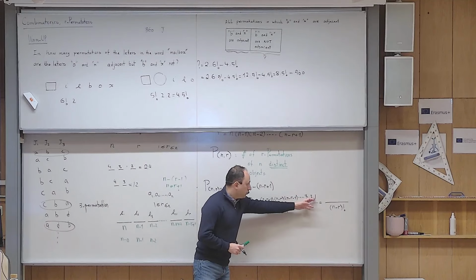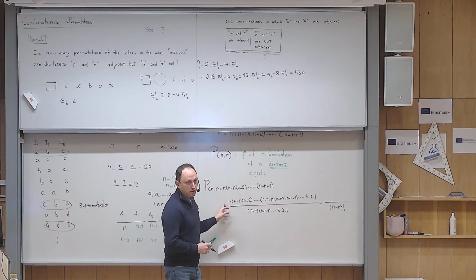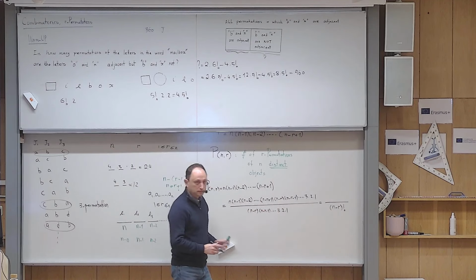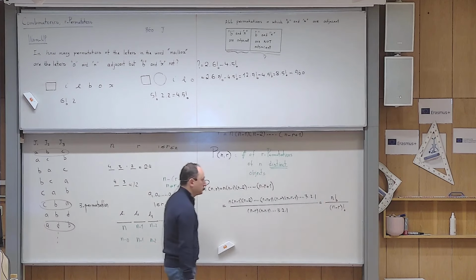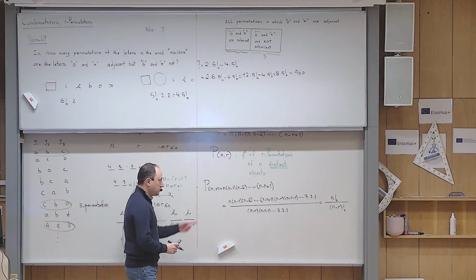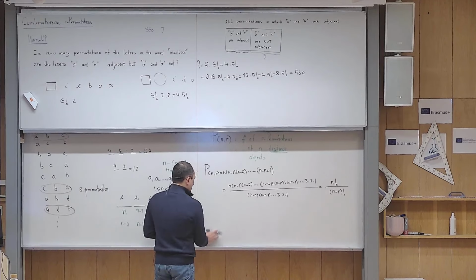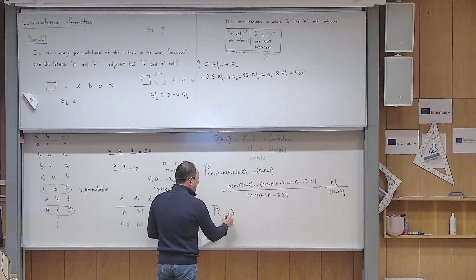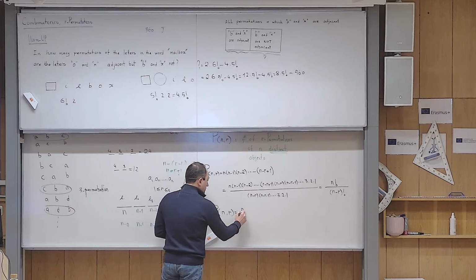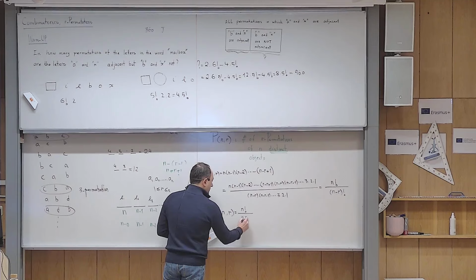The product of all natural numbers from 1 up to n. So it is just n factorial. And this is the compact formula that you have in the formula sheet. And if you have a calculator, this symbol is also there. So finally you have this formula: the number of r-permutations of n distinct objects is equal to n factorial divided by n minus r factorial.